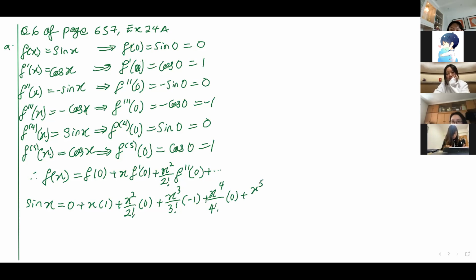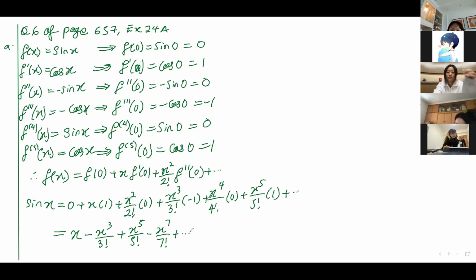Then x to the 5 over 5 factorial times 1, and so on. So clearly, all the zeros cancel, so you are left with x minus x cubed over 3 factorial plus x to the 5 over 5 factorial. Definitely the next would be minus x to the power 7 over 7 factorial, and it continues.